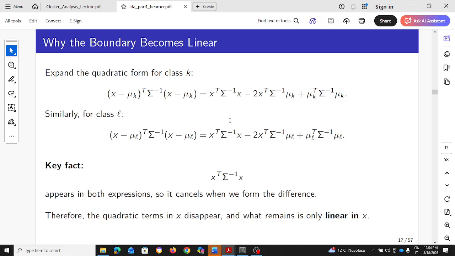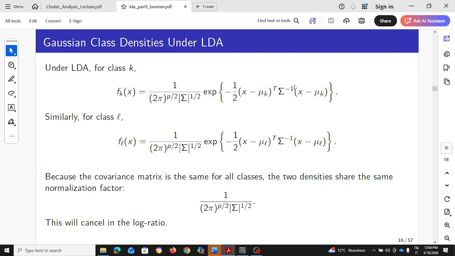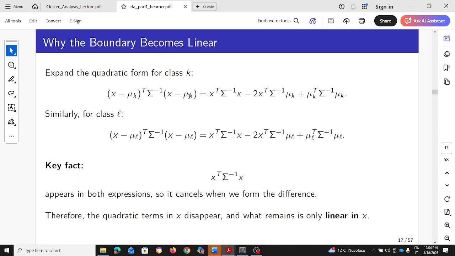We are left with this now. Now expand this exponential term. We do some mathematics: X multiplied with this, multiplied with this. First term, we get this. Then do the rest of the multiplication, and we get this for class K. Similarly for class L, we have this.